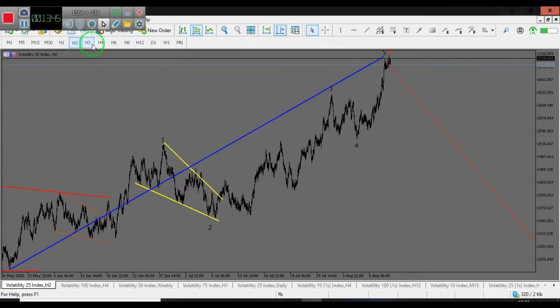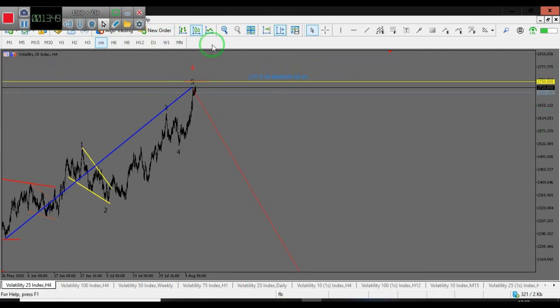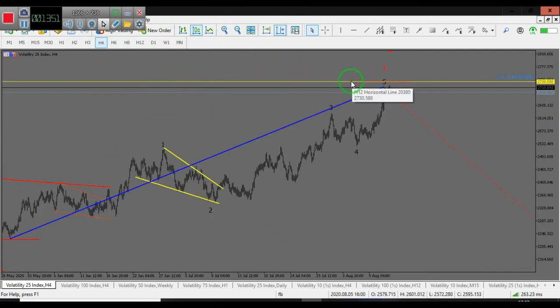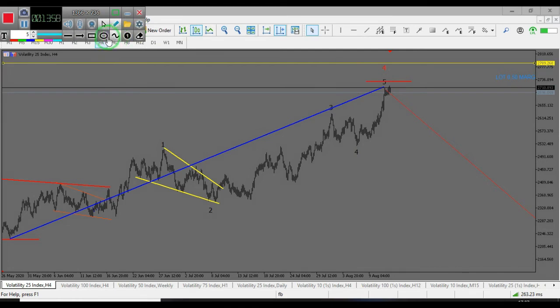Some trading advice here I would like to share with you. I'm totally in this pair. I sold here, and this is where my stop loss is. This stop loss is already breaching our wave 1.